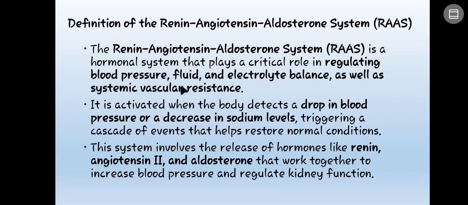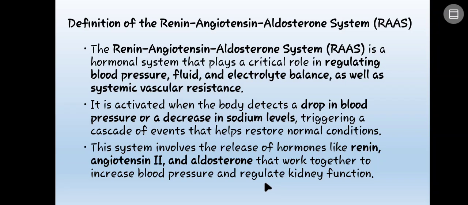Now, in summary, before we zoom into detail to look comprehensively at what actually goes on, this system involves the release of hormones. And what are these hormones? Hormones like renin, angiotensin 2, and then aldosterone, that work together to increase blood pressure and regulate your kidney function.